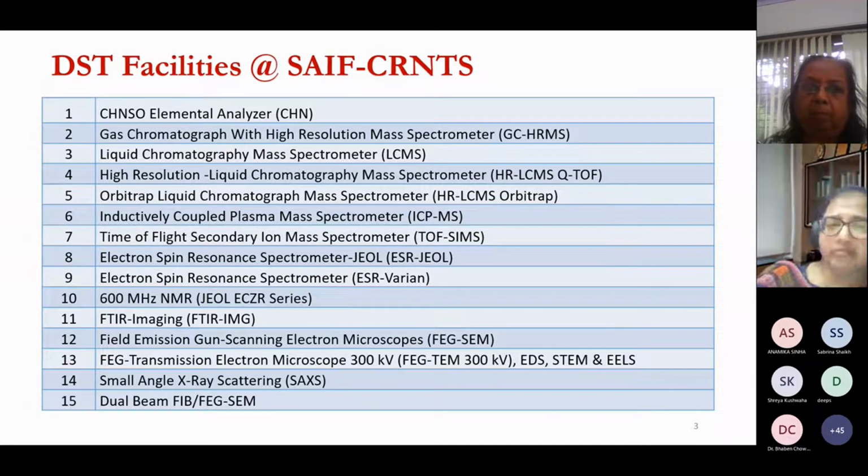We also have a high resolution LCMS, both QTOF and Orbitrap, and ICP-MS facility and TOF SIMS. Apart from that, we have various electron microscopy facilities, then the ESR and also NMR. Small angle X-ray scattering was set up a few years back. And there is also a dual beam FIB facility.